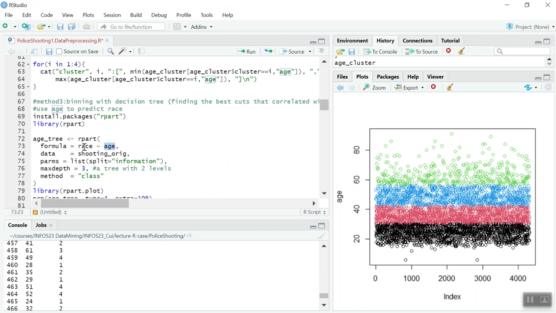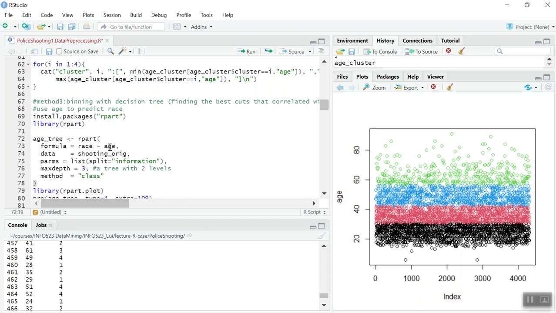So we can use the decision tree algorithm. We use rpart, which stands for recursive partitioning. We want to use age to predict race.